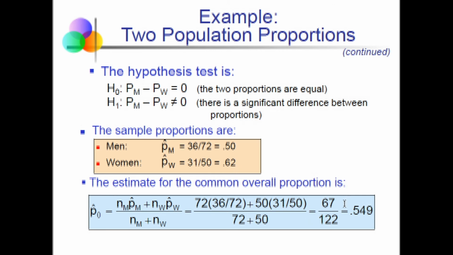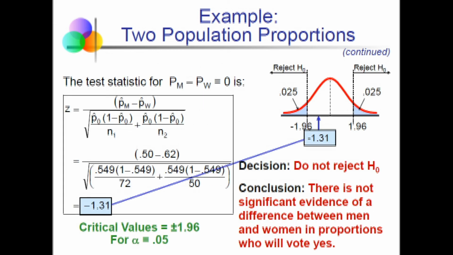We place it in our formula and we find that the z-value is minus 1.31, which when we compare to the critical values, falls in the area in which we fail to reject. So when we fail to reject H naught, we are saying that there is not significant evidence of a difference between men and women in proportions who will vote yes for Proposition A.